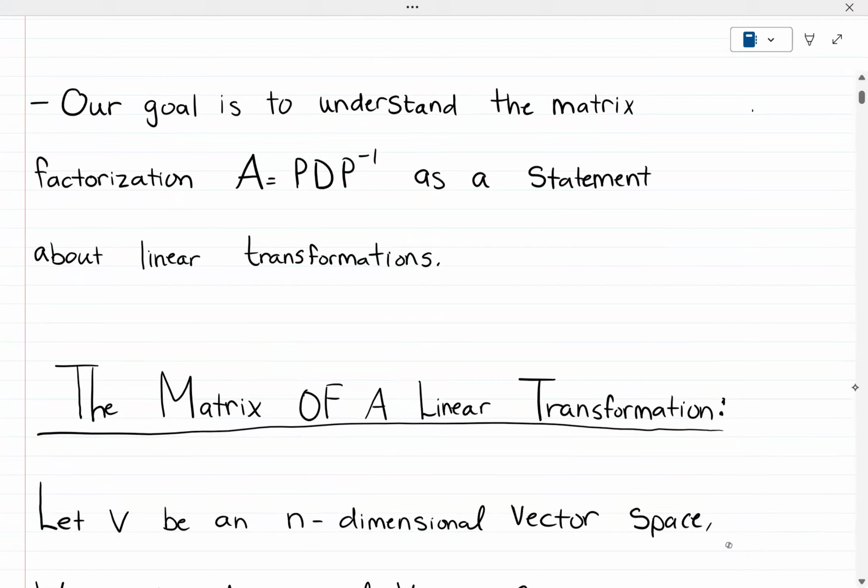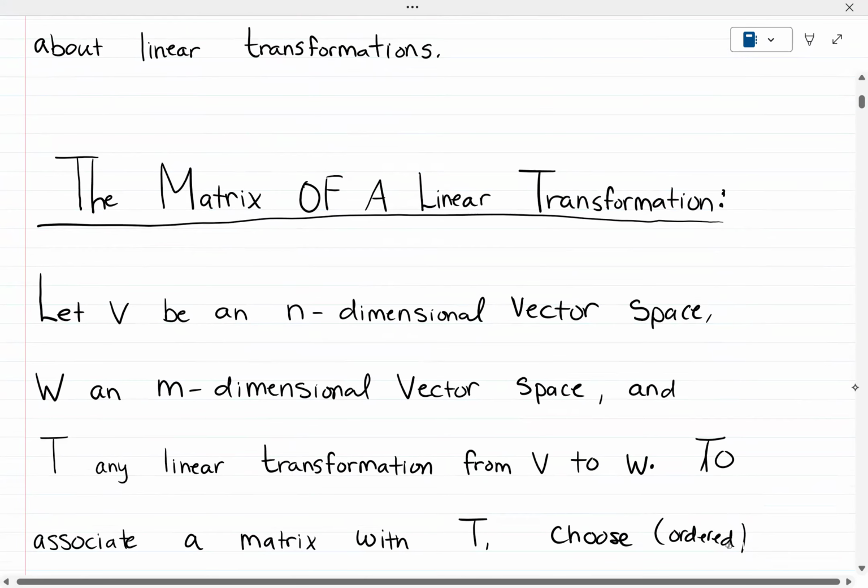So the matrix of a linear transformation.